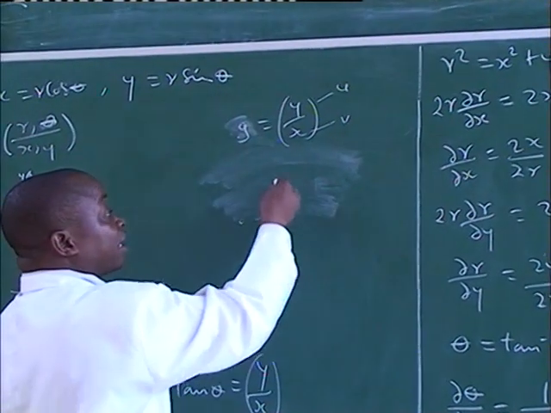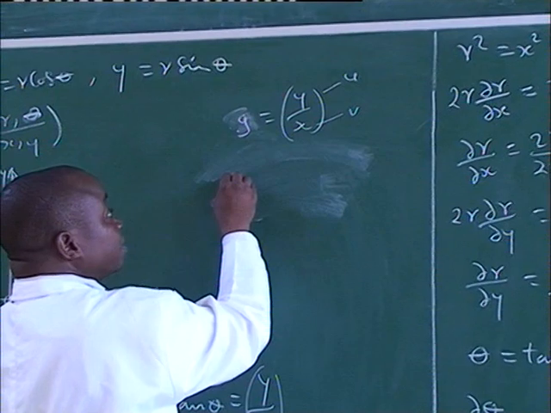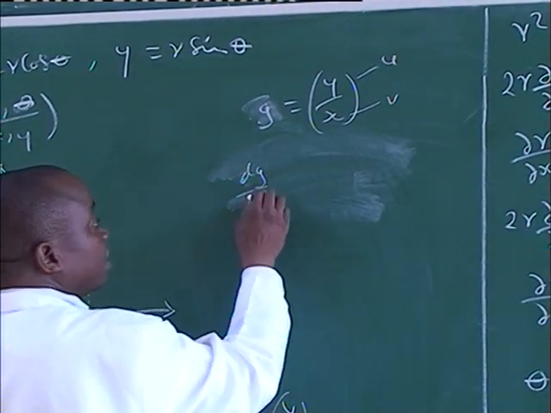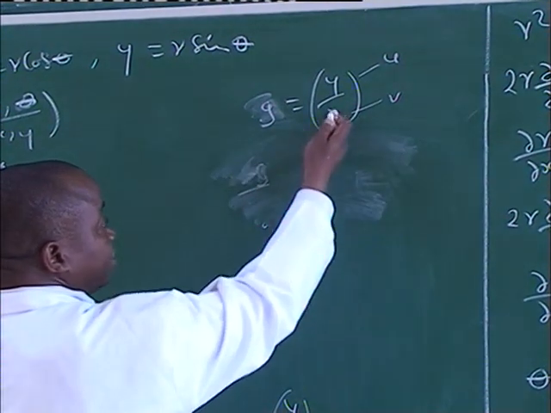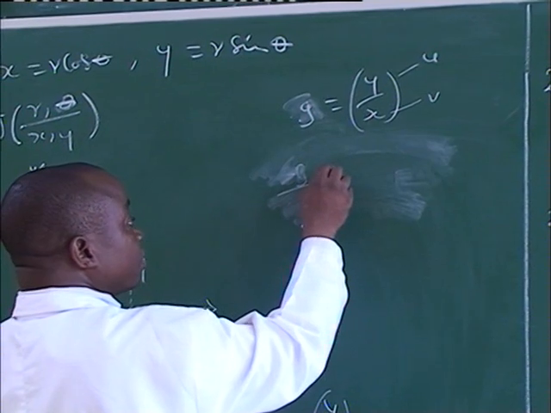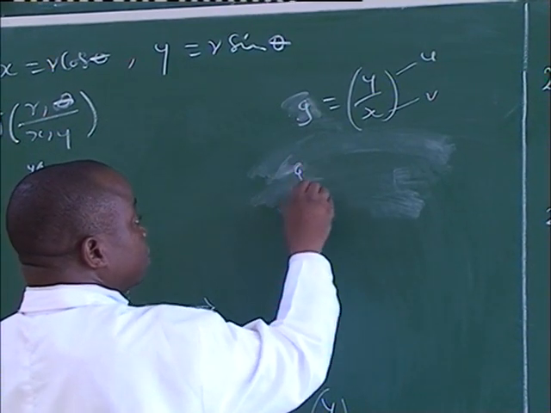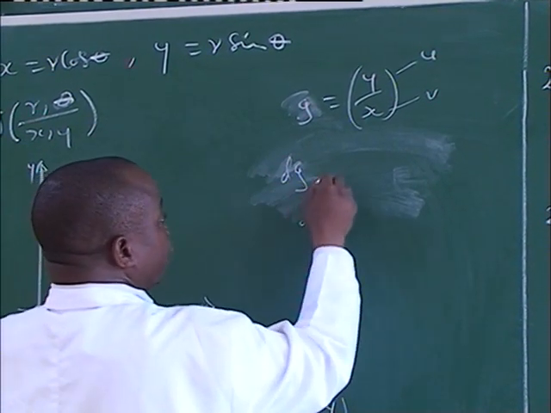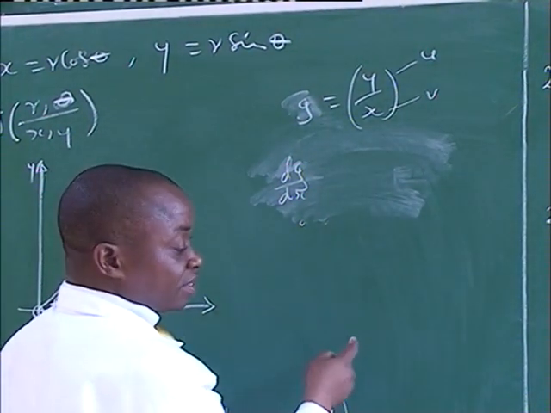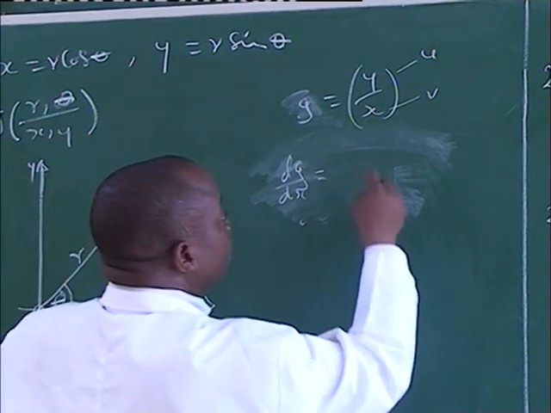By the quotient rule, I know that the partial g, because of what we have here, will give me what? The partial g over partial x. If I'm differentiating with respect to x, it will give me what?